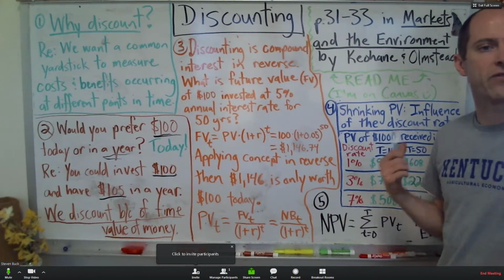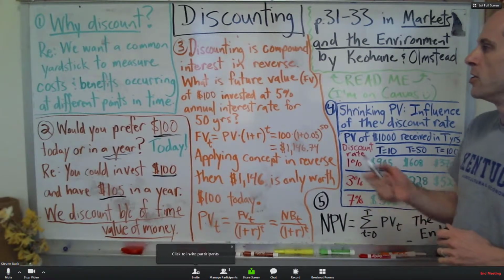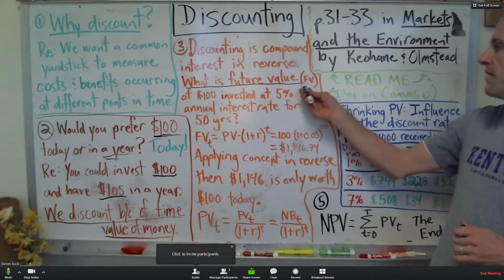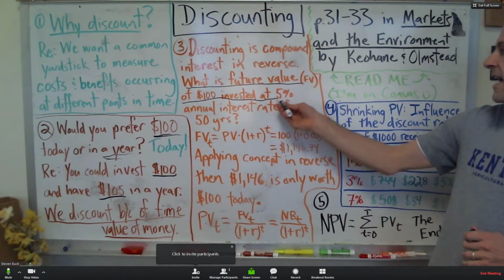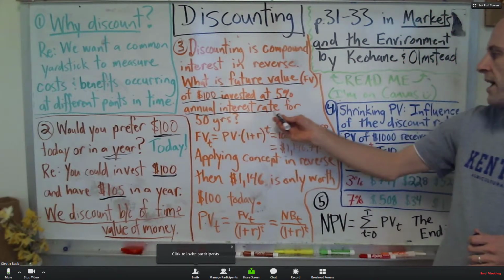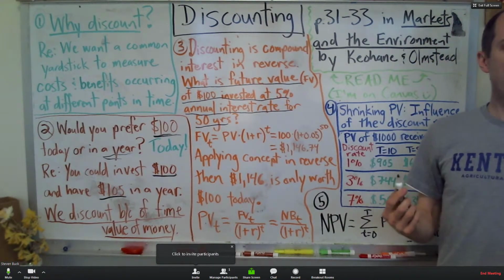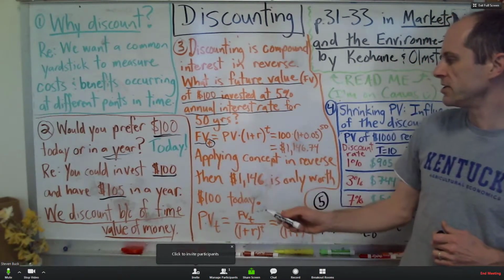I think many of you are familiar with how we calculate a future value. So let's ask the question, what is the future value of $100 invested at 5% annual interest rate for 50 years? The formula for that, well, we have our future value in year t.